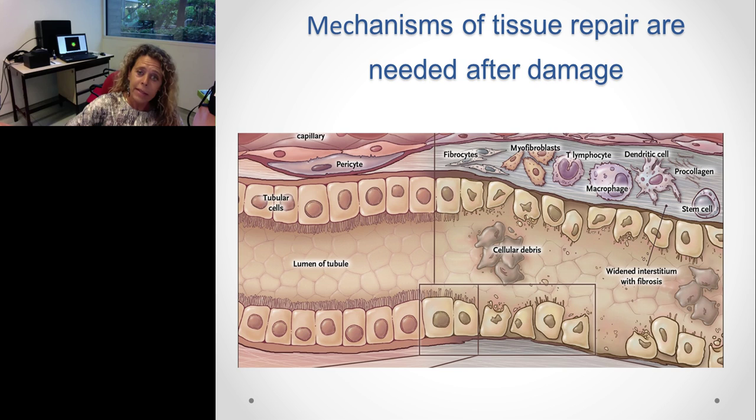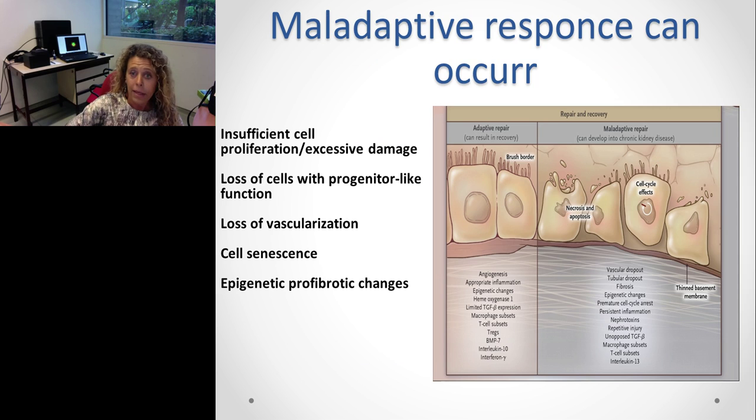But in some instances, we face a maladaptive repair. So why does it happen? Maladaptive repair may happen due to an excessive damage of the tissue or loss of the cells that could be involved in repairing, could be in charge of repairing the tissue, such as stem cells or progenitor cells.